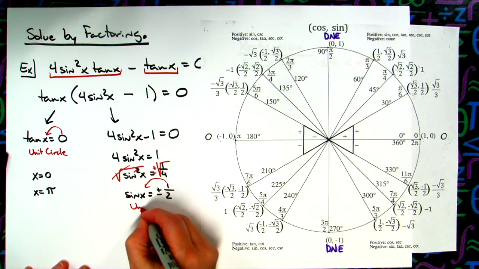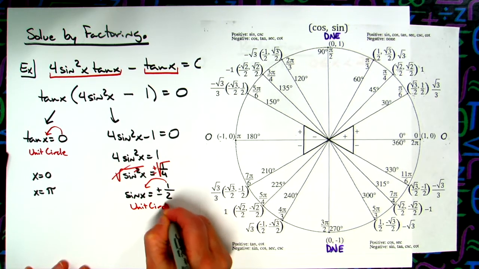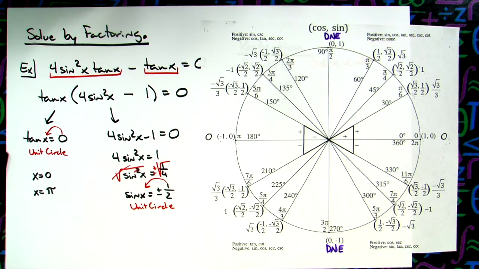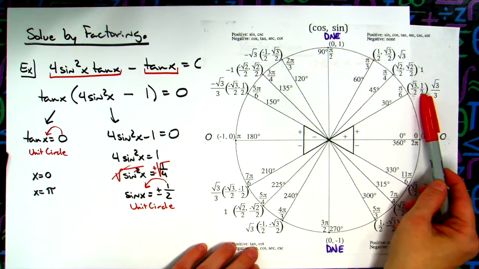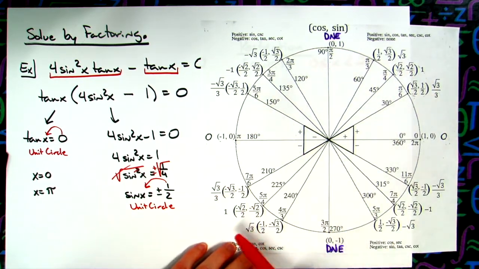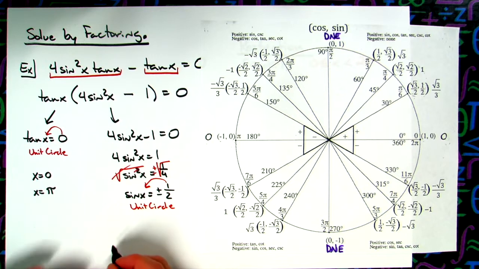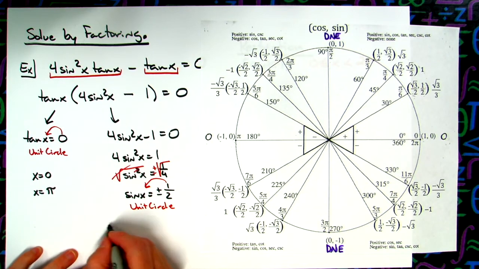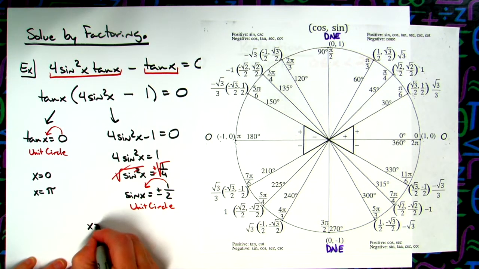Okay, unit circle. I'm going to go around that unit circle, and I'm going to look for a positive 1/2 in the second spot, my y coordinates, and then I'm going to go through and look for a negative 1/2. All right, so give me one. What's the first one for a positive 1/2? Oh, some of you go one way around the circle, someone goes the other way. Okay, someone said pi over 6, right? Yep, that's my first one.